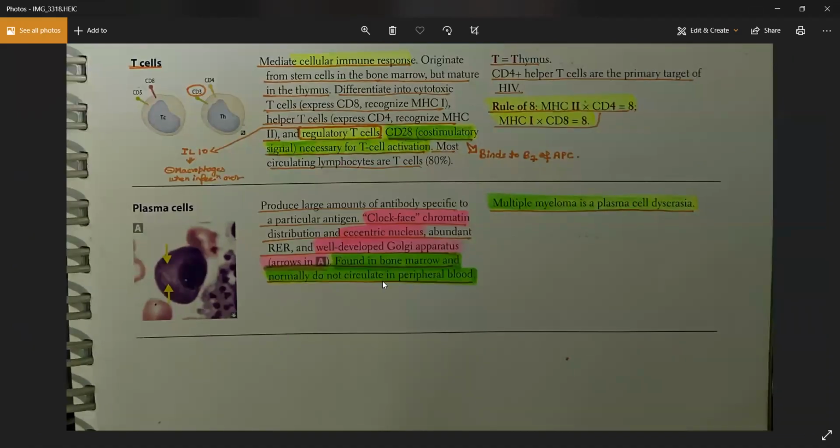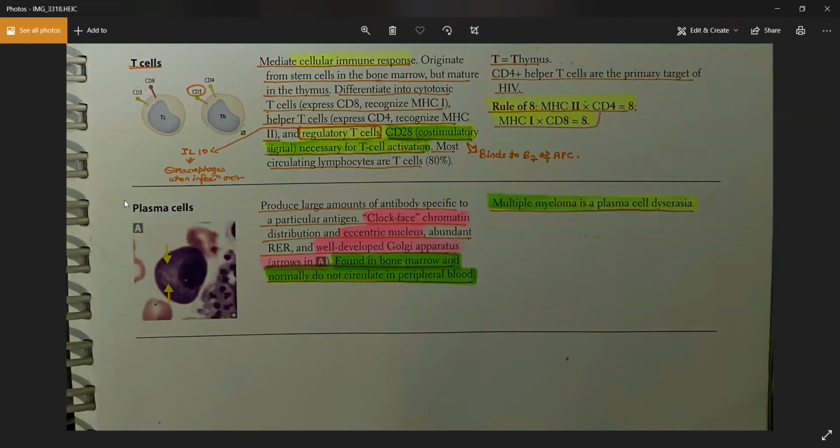Very important. If Step 1 asks you about multiple myeloma, which is a tumor of the bone marrow, and asks which cells you will find on the peripheral blood smear, can you find plasma cells on the PBS in multiple myeloma? No, you can never.